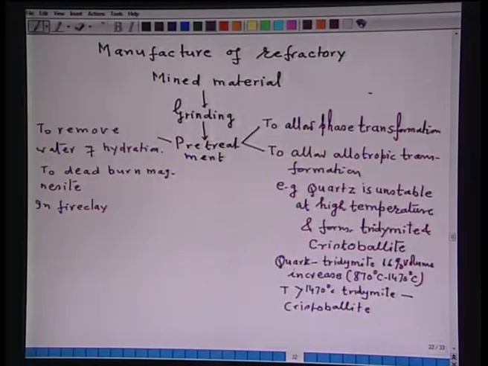This is the so-called pretreatment stage, a very important stage in the manufacture of refractory, and a lot of care is to be taken, so that any contraction or expansion in the material as a result of heating, and any volatile substances, for example H2O or CO2 in the material, should be removed and properly treated, so that the refractory produced from this material is good and does not create problems at the time of application.